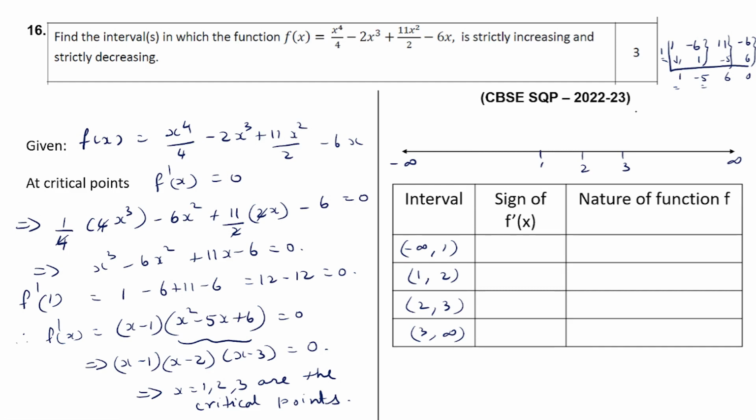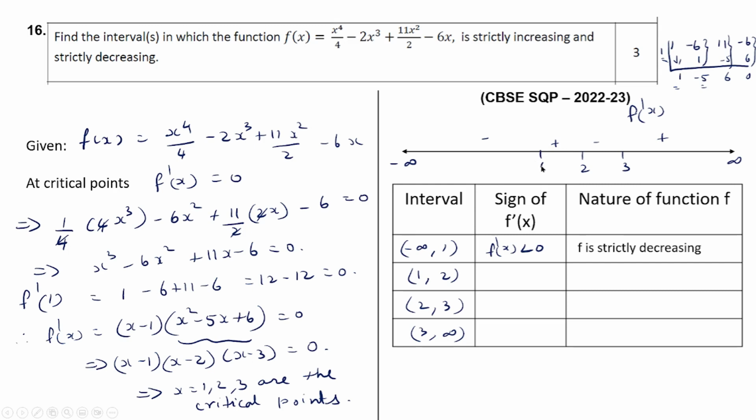So here starting from the right we have the sign of f dash of x as positive, negative, positive, negative. So on this interval open interval minus infinity comma 1, the sign of f dash of x is negative. F dash of x less than 0. As a result, on this interval f is strictly decreasing.